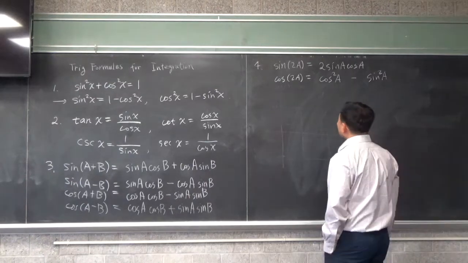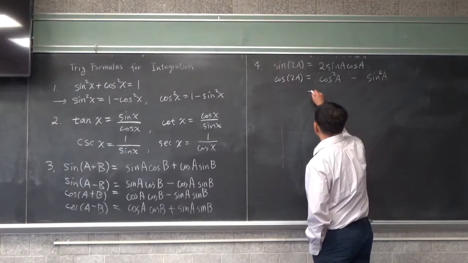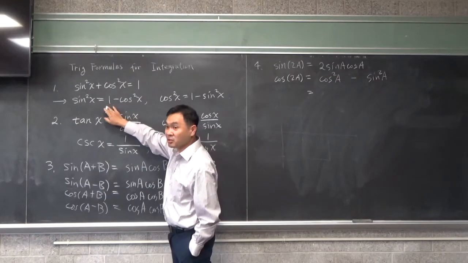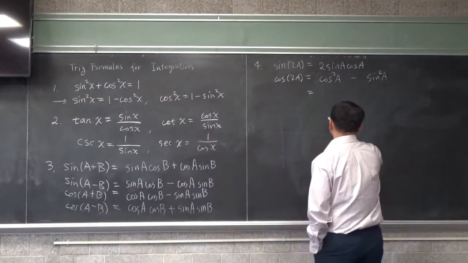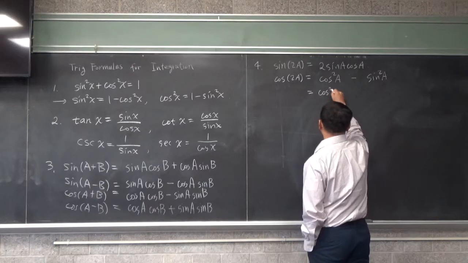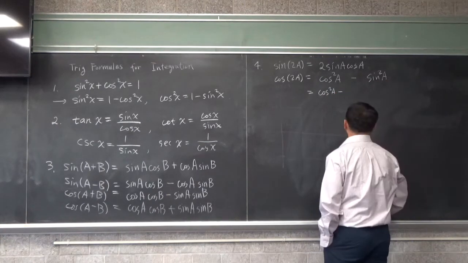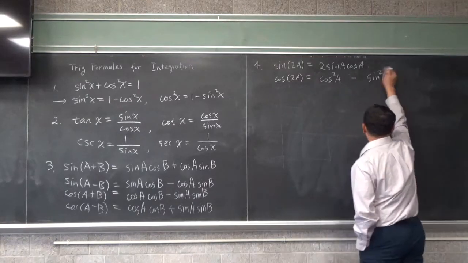Now we are going to apply this identity here. Sine squared is 1 minus cosine squared. So let's see what happens. Cosine squared of A minus sine squared is, you know what, let me write it on this side.